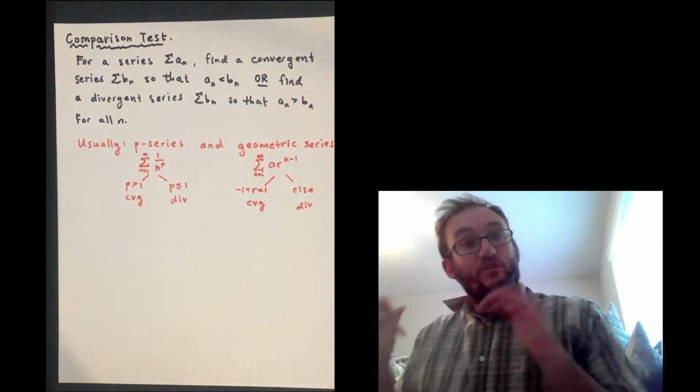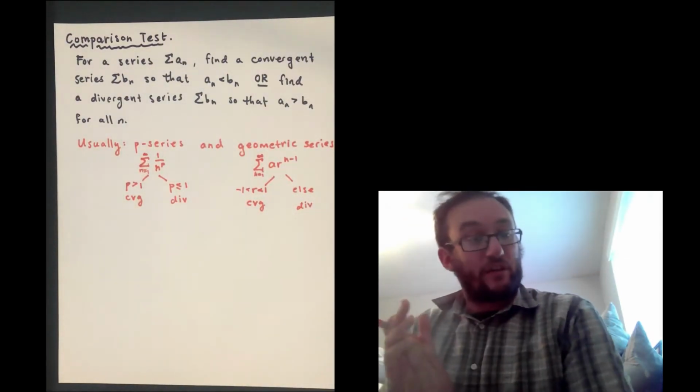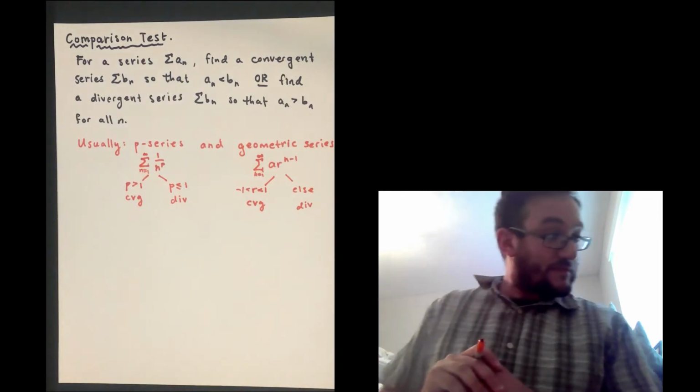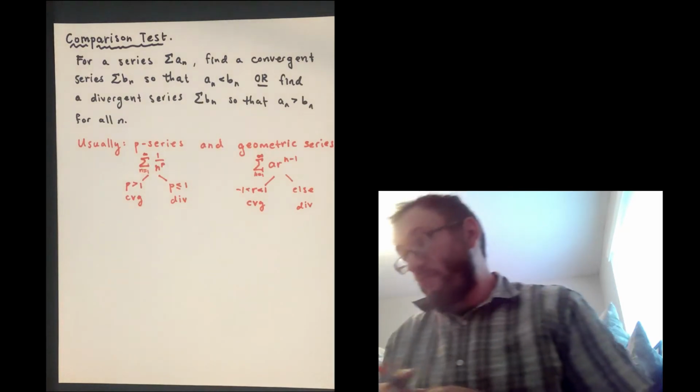Okay, and these are the standard series that we're going to try and compare to. Not universally the case, but in most examples. Okay, so let's take a look at an example.